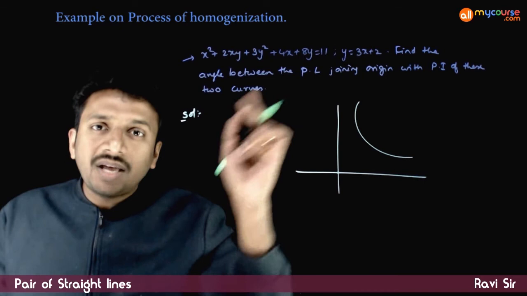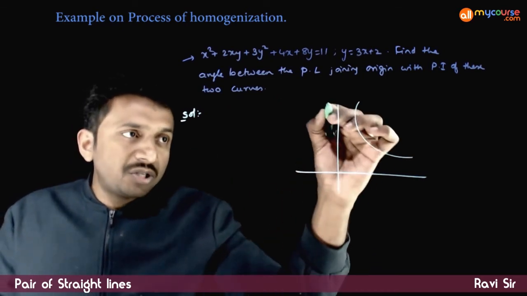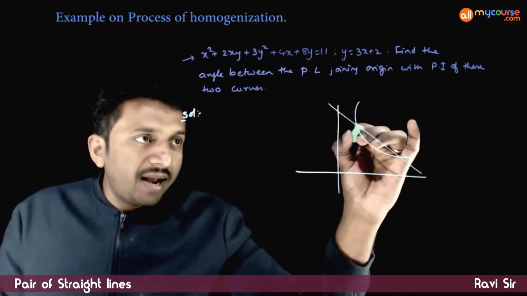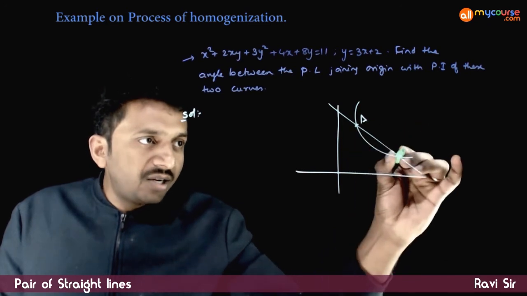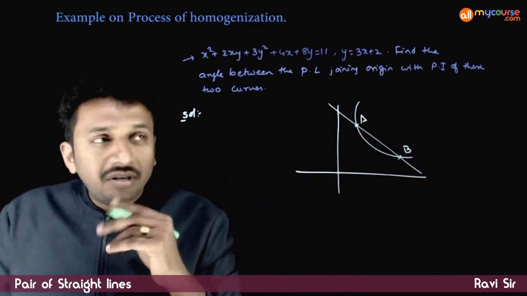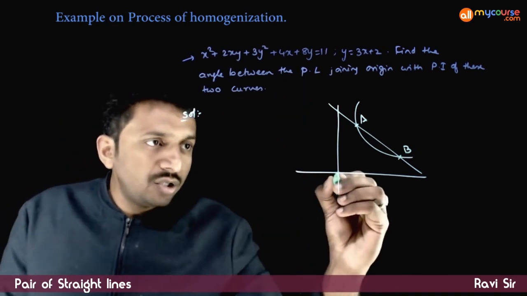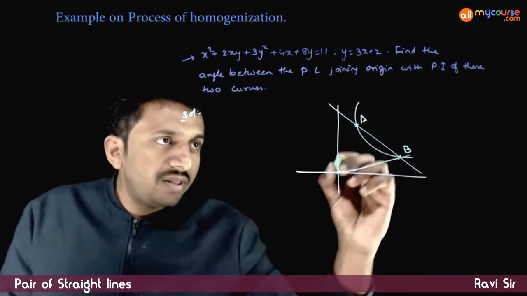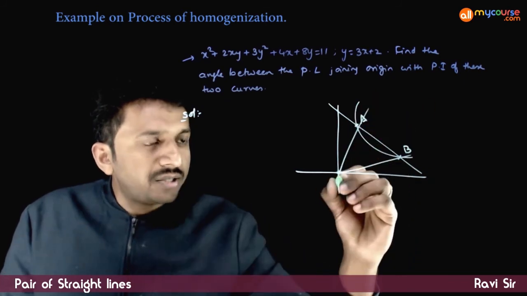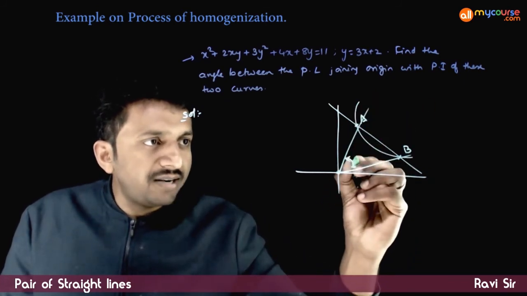And you have the line y is equal to 3x plus 2, which might look like this. And these are the 2 points of intersection. Now you're asked to find the angle between the pair of lines joining the origin with these points of intersection. You're asked to find this angle theta.